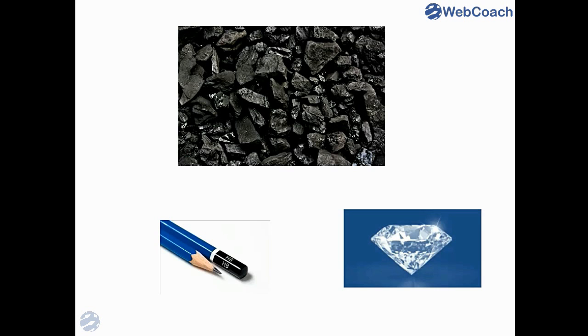These are some of the most commonly occurring carbon compounds that you find around you. The first one obviously is the charcoal that you see here, and the second one is something that you use every day in your class, which is your pencil. There has always been a confusion: people say that pencil is made of lead, but that's wrong. Pencil is not made of lead, but of a carbon compound called graphite.